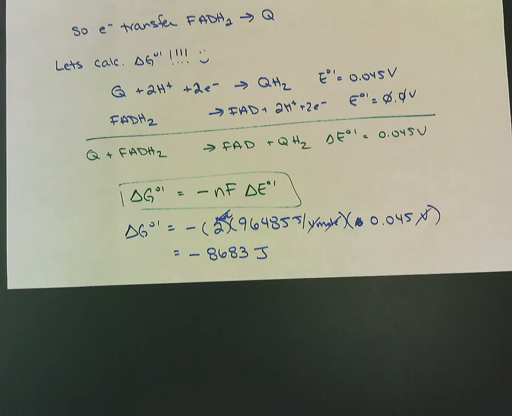If it is a negative delta G, what does that tell me about the likelihood of this reaction going? Very likely, right? Likely to go.